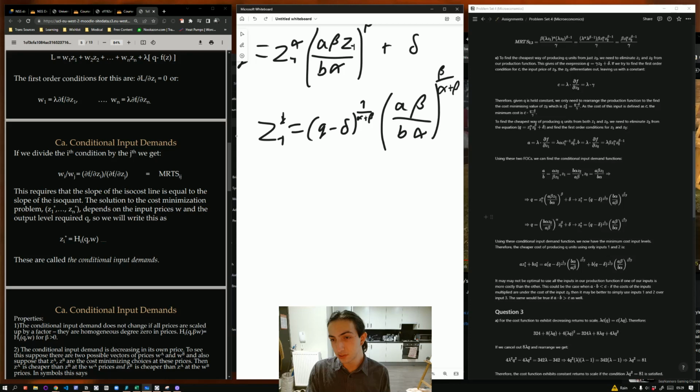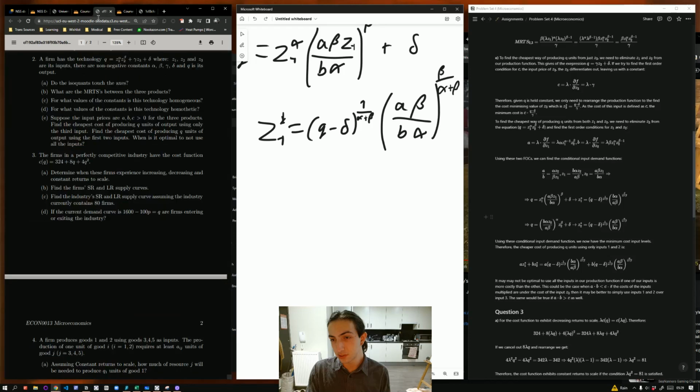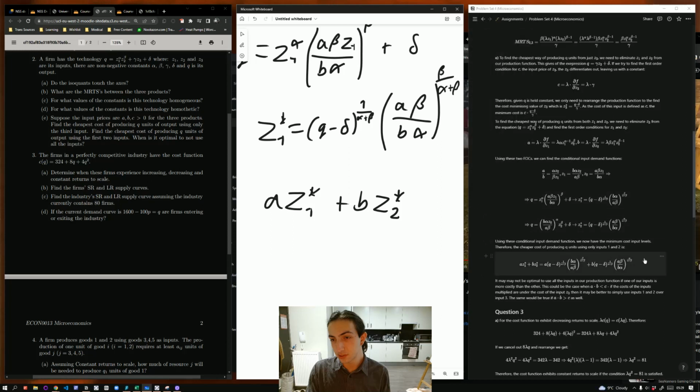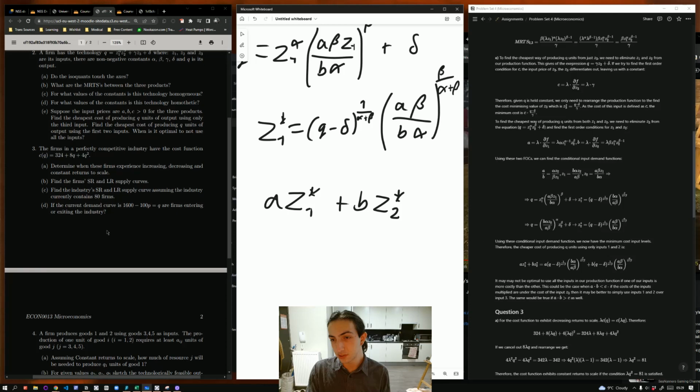The cheapest cost of producing Q units of input is going to be A times the conditional input demand function of Z1, plus B times the conditional input demand function of Z2. And that is equal to just this, if you look down here. I'll put the notes in the description so you can read in more detail, but that's going to be equal to this.